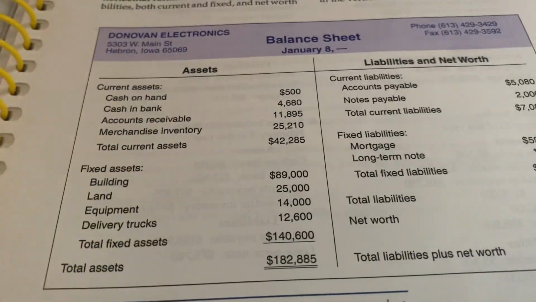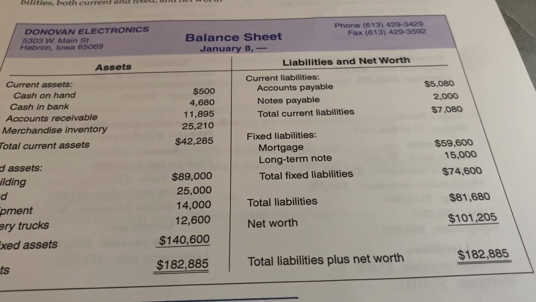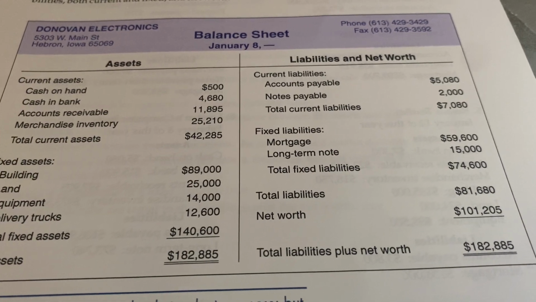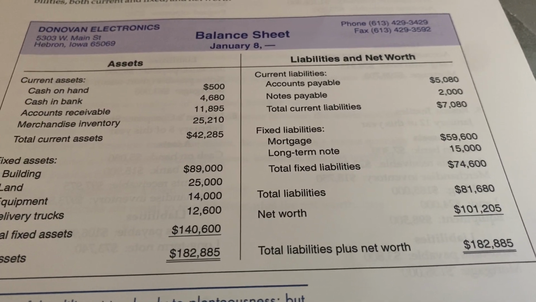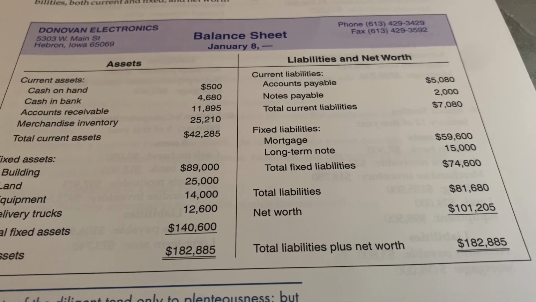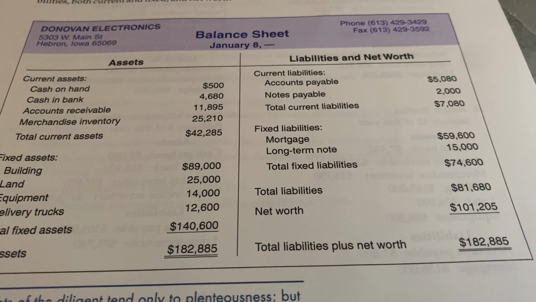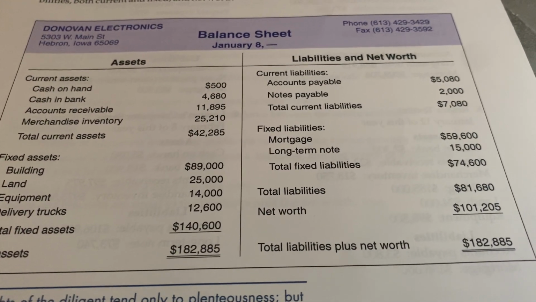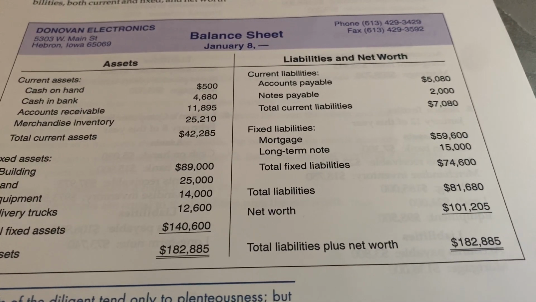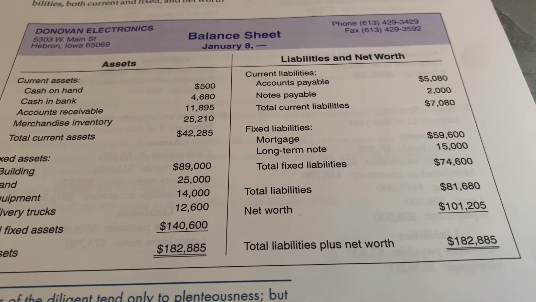And then on the right side here, we have the liabilities. The current liabilities would be like your accounts payable, your notes payable, what you have to pay, your total current liabilities. And then on to the fixed liabilities, like of course you have a mortgage that's fixed there that you pay maybe on your building, long-term notes, total fixed liabilities there.